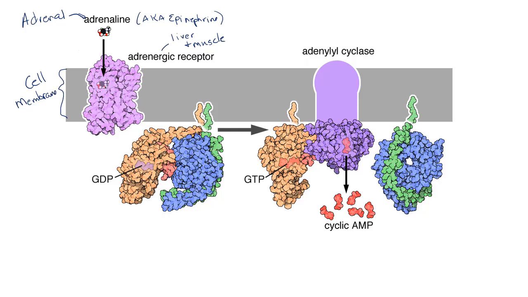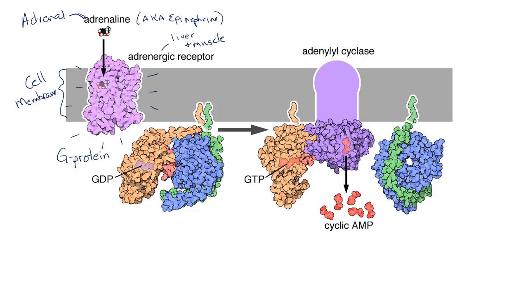And when adrenaline binds to the adrenergic receptor, the receptor becomes activated. Now, this is a G protein coupled receptor, and as we've discussed before, the typical mechanism by which G protein coupled receptors achieve their response within the cell is by interacting with intracellular G proteins. And here's that heterotrimeric G protein that interacts with our adrenergic receptor right here.